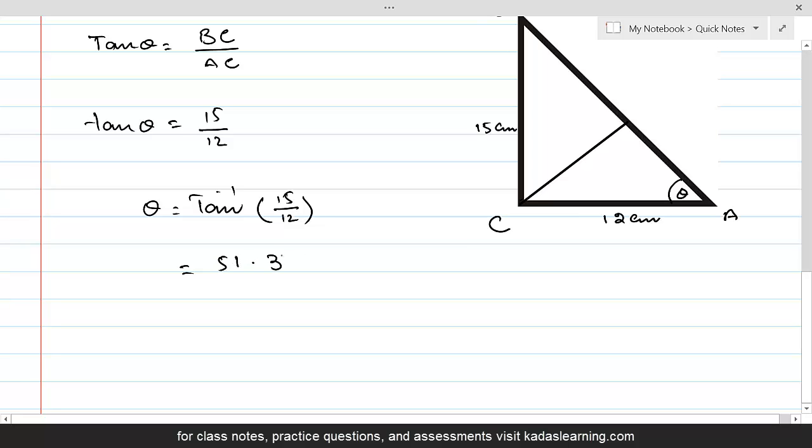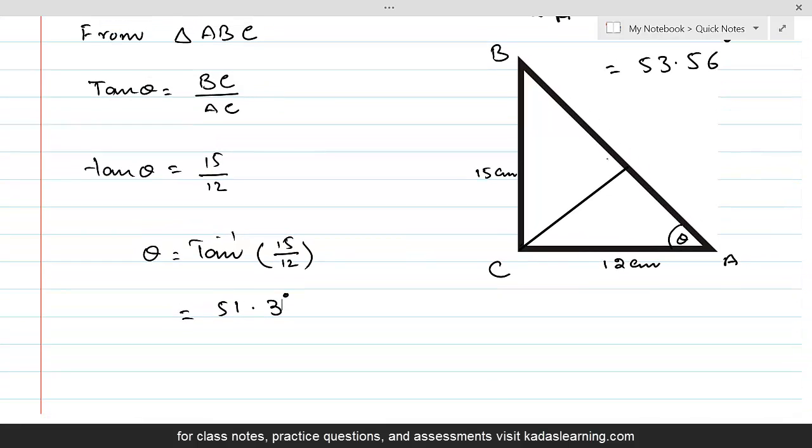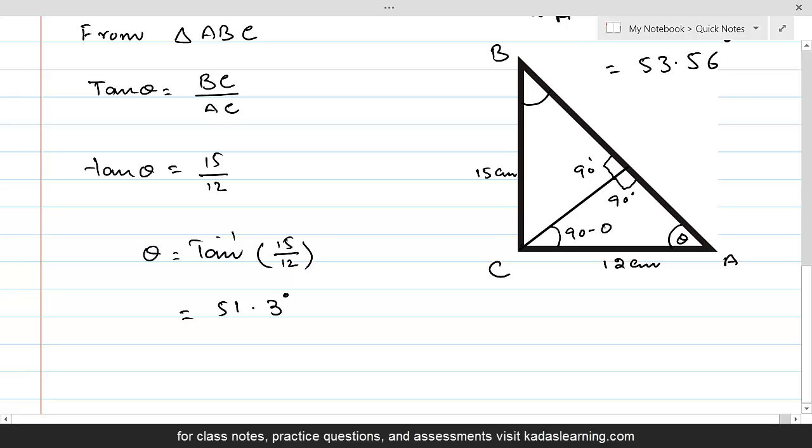If this angle is 51.3 degrees, and this angle is 90 degrees, then obviously this angle on this side is 90 degrees as well. Then this angle is the complementary angle of theta, and this angle is the complementary angle of theta as well. So this will be 90 minus theta.